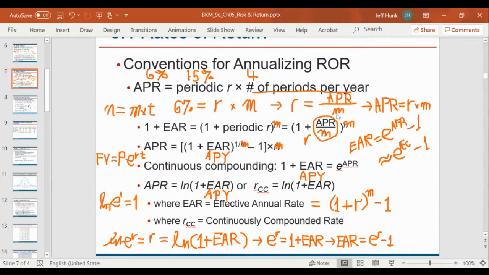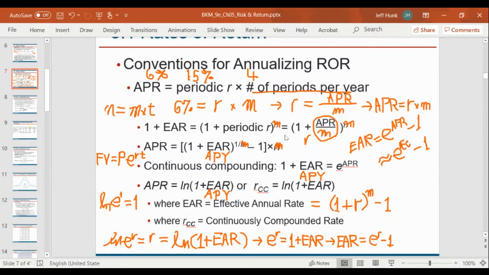Our symbol for the compounding frequency per year is M, although in the original PowerPoint it is expressed as N. I prefer M because M stands for multiple periods.